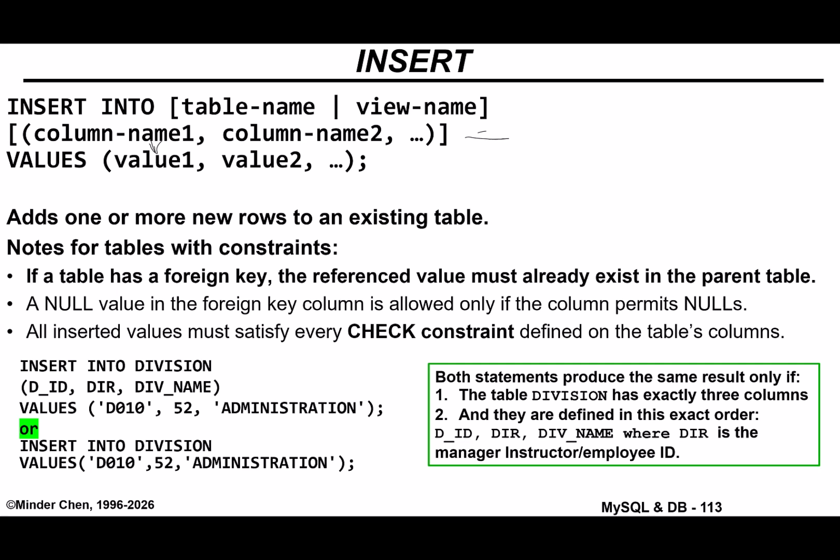However, the names are optional. If you do not specify the column names, then the values listed here will correspond to the physical ordering of the columns in the table. We could use the insert statement to add one or more rows into an existing table.